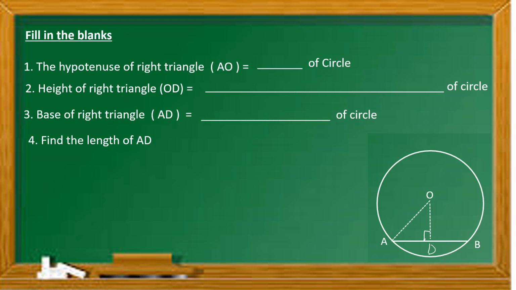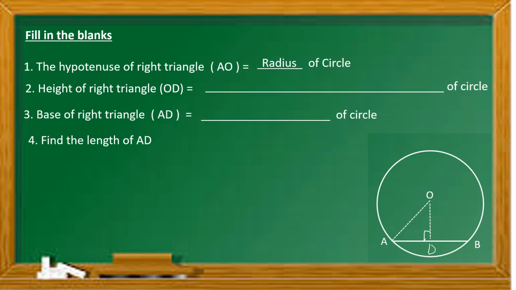Now let's analyze the same figure that we have discussed in the previous problem, and you have to fill the blanks shown below. So first of all, the hypotenuse of the right triangle, that is AO, that is equal to dash of circle. What is that? AO is, yes, radius of the circle.